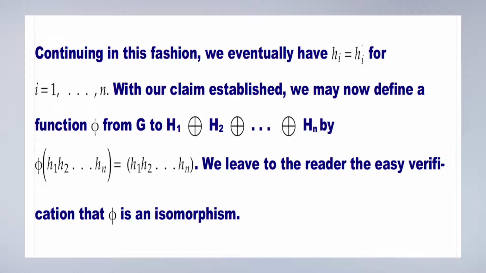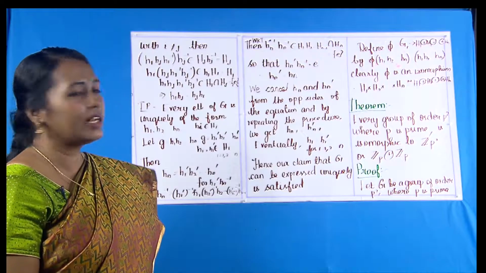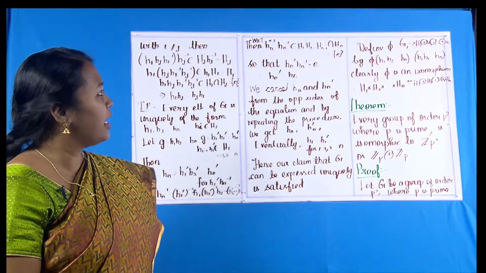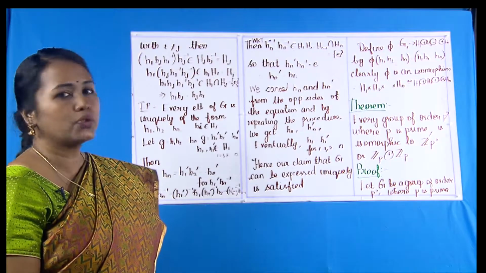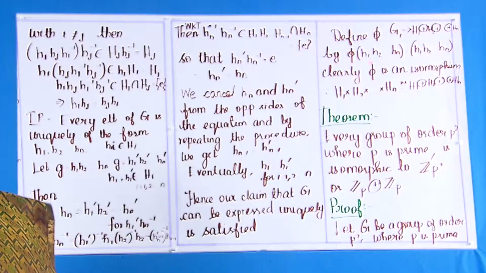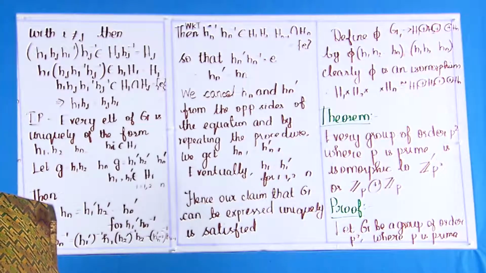Now let us define a function phi from G to the direct sum of H1, H2, so on up to Hn. G represents the internal direct product. So the elements are of the form H1, H2, so on up to Hn. It is mapped onto the direct sum elements, again represented as H1, H2, so on up to Hn.